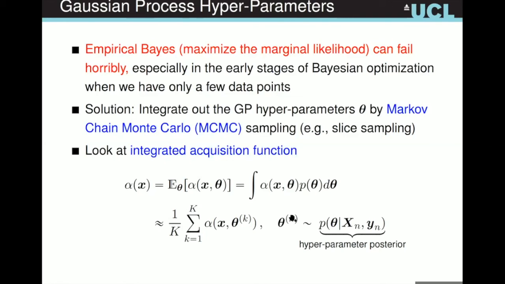If we sample from this posterior distribution, we can compute this expected value as a Monte Carlo estimate: 1 over capital K times the sum over small k equals 1 to capital K of alpha of x evaluated at theta k, where theta k is a sample from the posterior distribution of the hyperparameters.